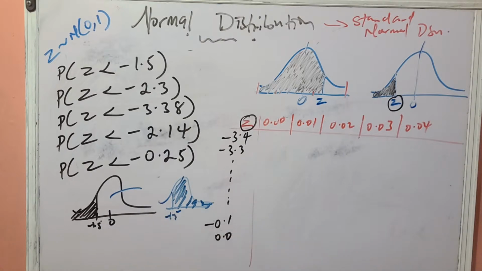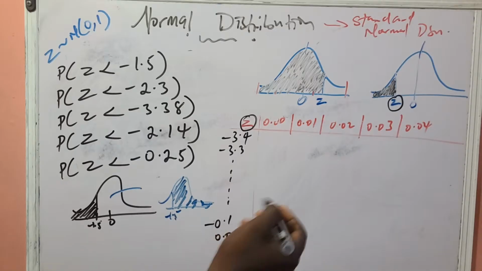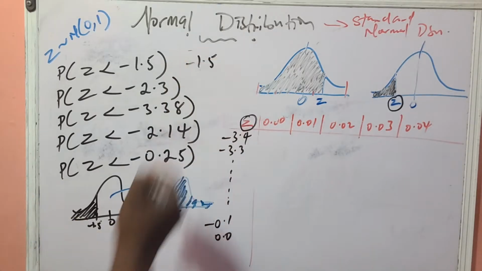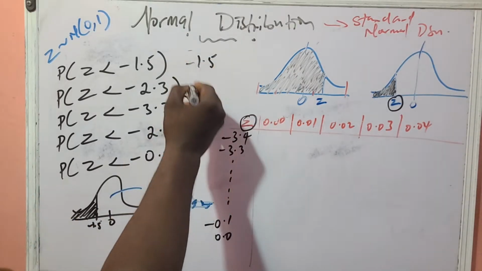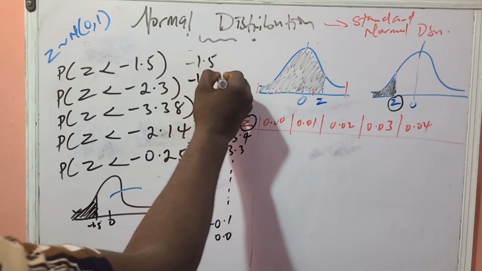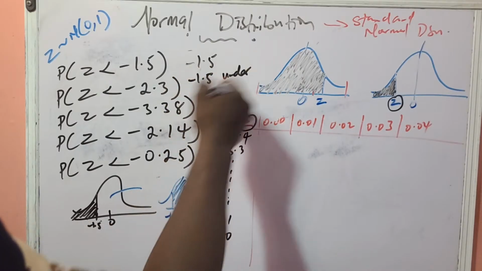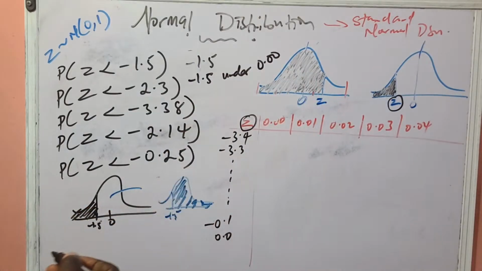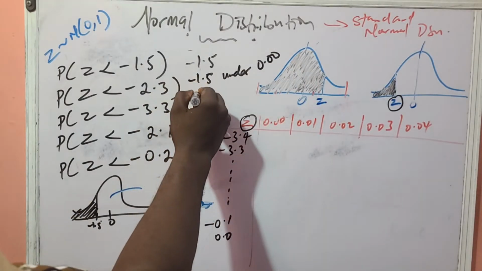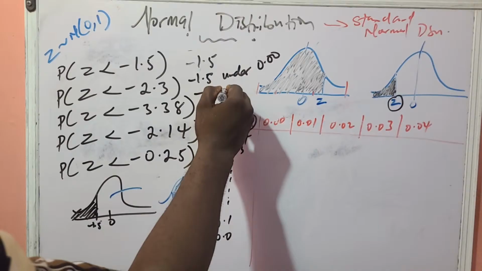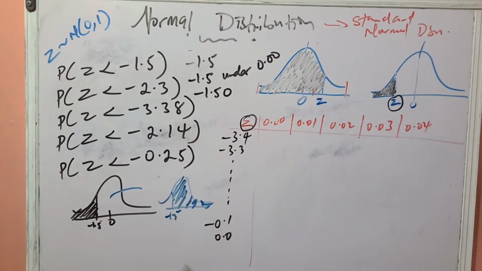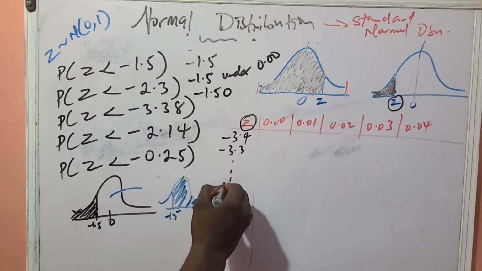All right. Now, guys, let me tell you how to read this table also. You will be reading minus 1.5 under 0.00 because minus 1.5 is the same thing as minus 1.50. Let's say minus 1.5 was here.